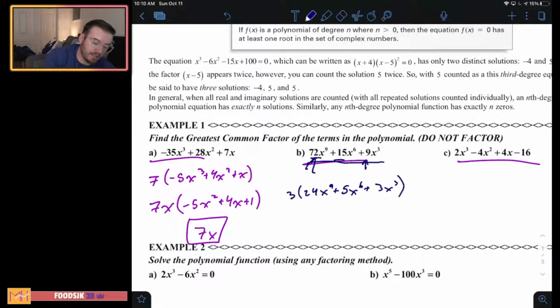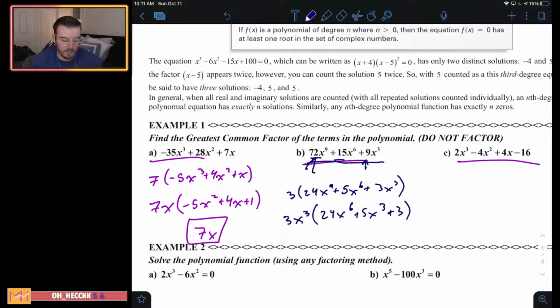They all have at least 3 x's, so 3x to the third. I can yank that out, and we're left with 24x to the 6th, because if I took 3 out and there were 9, now there's only 6, plus 5x to the third. If there were 6 and I took 3 out, now there's 3, and I took all of them out of that one. So my GCF is 3x cubed.